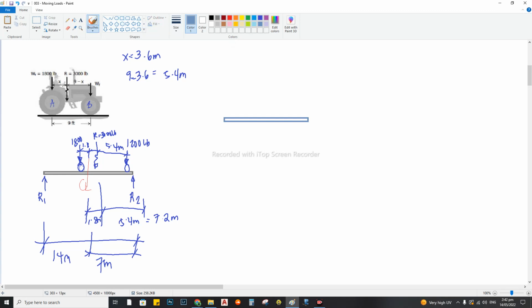So murag single nga moving load. So naa na siya sa tunga. So this will be 1,800 pounds. Ato na lang siya ibutang sa tunga because nahimo siyang single moving load.